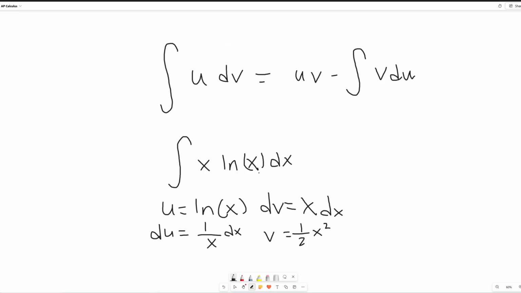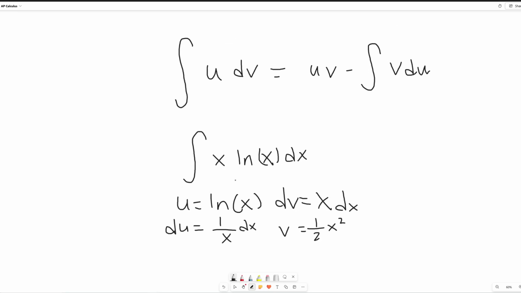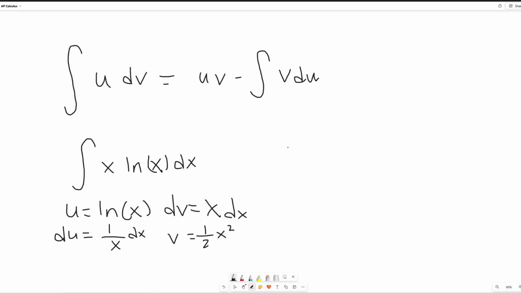So, how do you know what to pick your u and dv as? Well, you have this acronym, LIATE, which stands for logs. Forgot the I. This is trig. This is exponential.